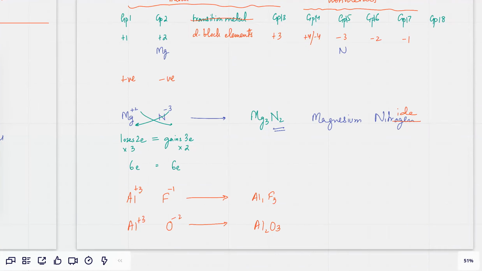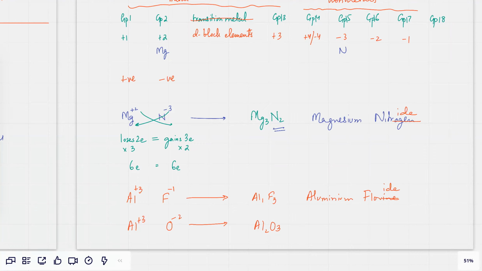That's it. Same thing over here. This is aluminium and fluorine. So instead of calling it fluorine, you just add IDE at the end, you call it fluoride. Similarly, this one is aluminium ions and oxygen ions.